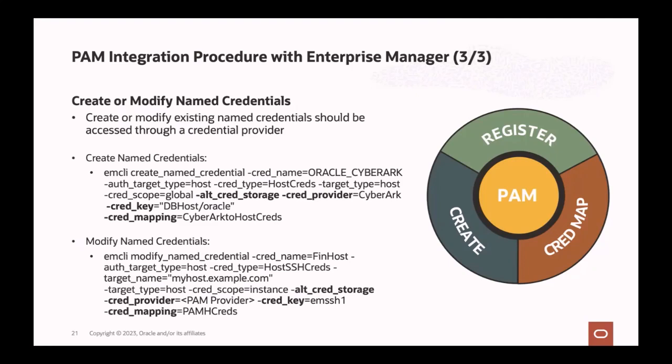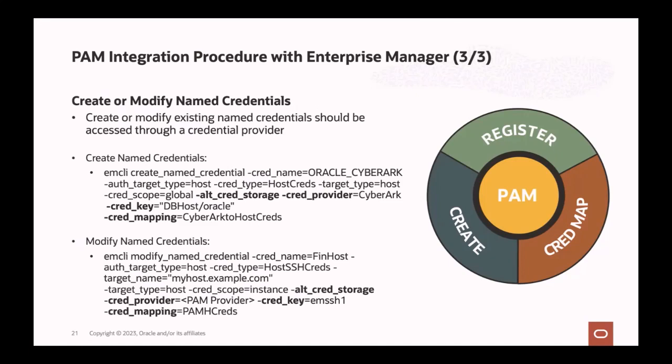And also there are other parameters such as the credential key and the credential mapping. If you have already created name credentials which are in use and now those credentials are moved to PAM, you can modify the name credential and specify this alternate cred store. Along with that, specify the cred provider, the credential key, and also the credential mapping.